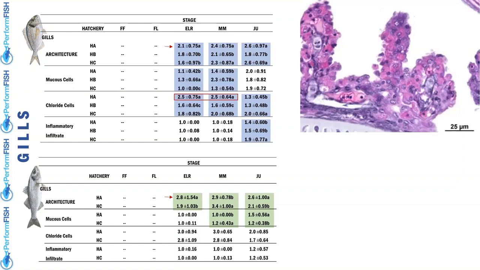In general, the scores are low, so the various indicators considered are mostly normal or slightly altered, with some differences between the hatcheries.